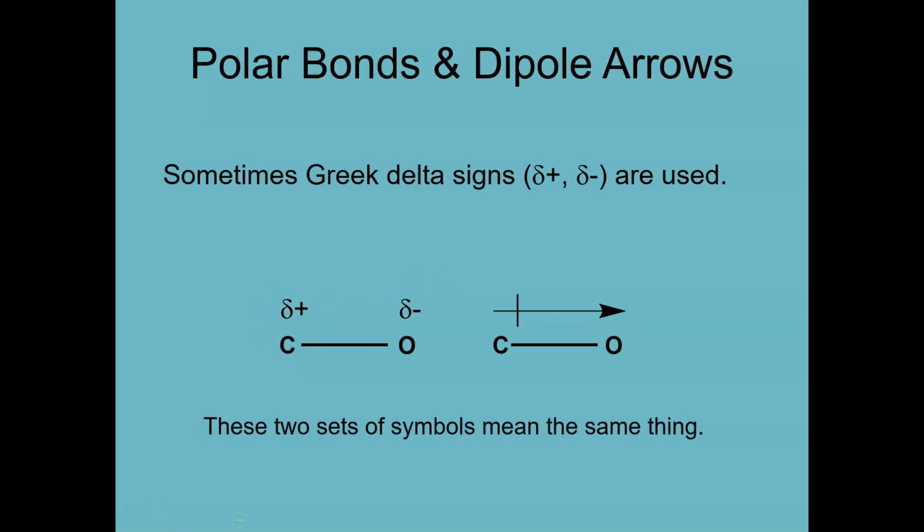These 2 sets of symbols mean the same thing, that this is a polar bond, that carbon is partially positive and oxygen is partially negative. We're generally going to use the arrows in this class.